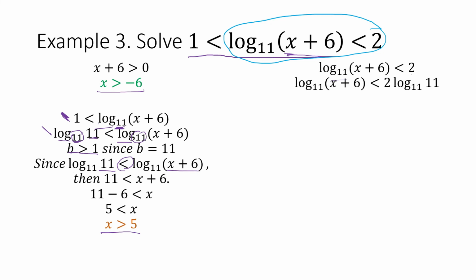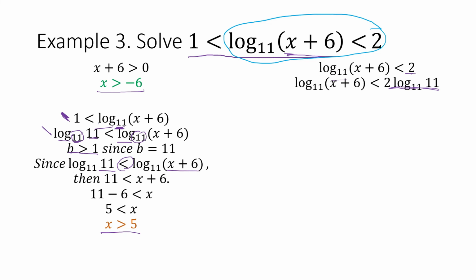And that is 2 times logarithm of 11 to the base 11. Since the value of this is 1, this will be reduced to 2 times 1, or still 2. So they are just equal.